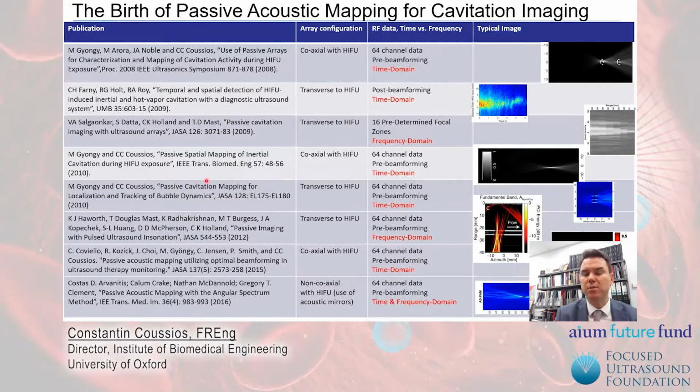And there have been 2 or 3 very significant evolutions through this. The first was the first realization of the ability to map cavitation activity in this way. The second was the advent of frequency domain techniques, which I will describe in further detail later. And the third was actually a new generation of algorithms that either greatly improve spatial resolution or significantly decrease computational time.